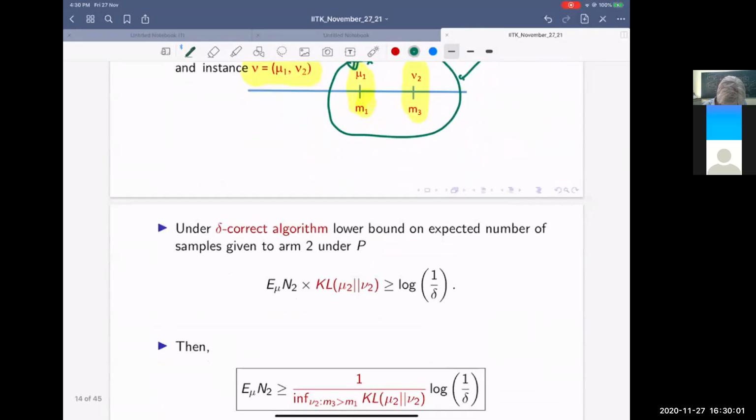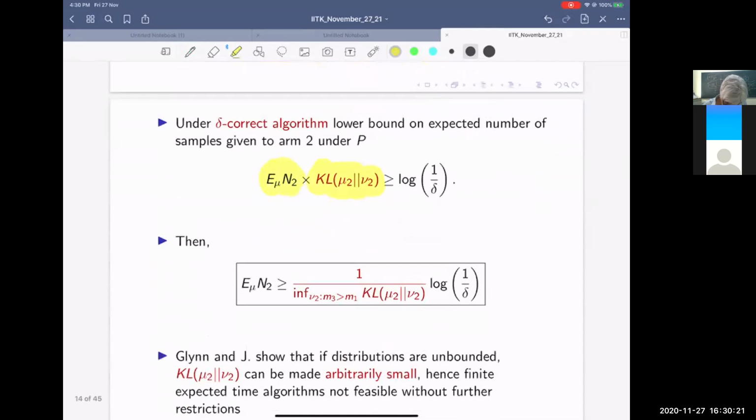So really all I get is that, if I have a delta correct algorithm, then the expected number of times I pull arm 2 times the separation between mu2 and nu2 must be greater than or equal to log 1 by delta. This just follows from the inequality which I motivated earlier, because it's a delta correct algorithm.